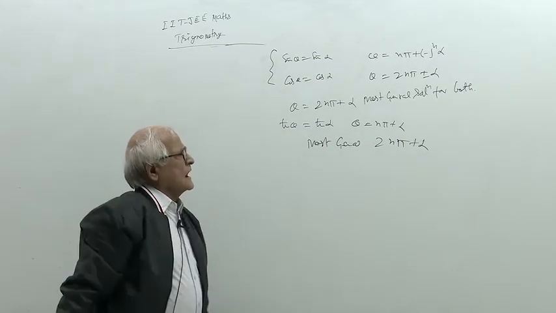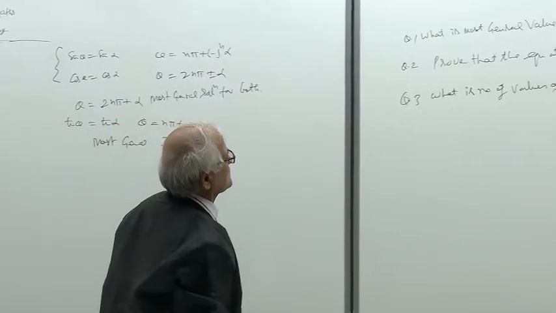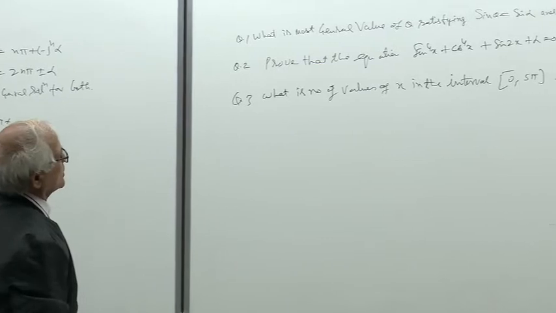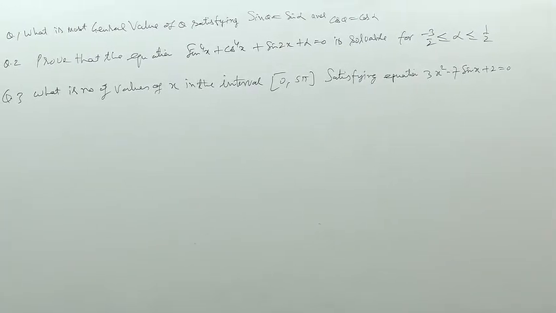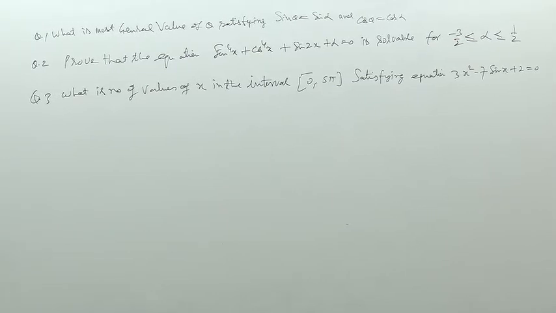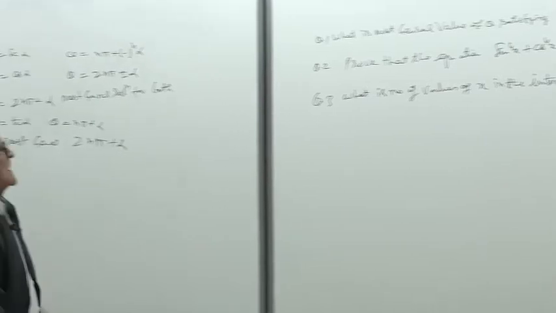Now we come to the question number 2. Prove that the equation sin 4x plus cos 4x plus sin 2x plus alpha is solvable for this. We are going to find out the value of the alpha by doing this relation.